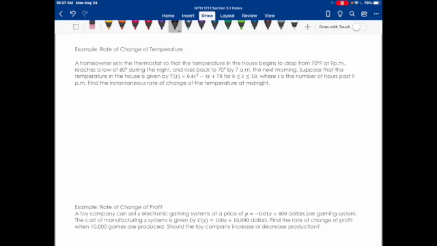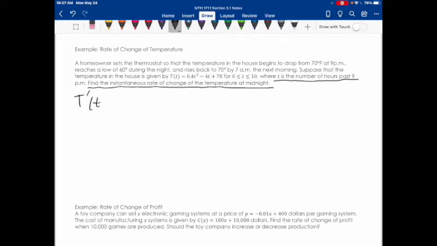So we have a temperature function. The capital T is the name of the function, and the lowercase t represents time. It says in the problem here that t represents the number of hours past 9 p.m. And we want to find the instantaneous rate of change of the temperature at midnight.